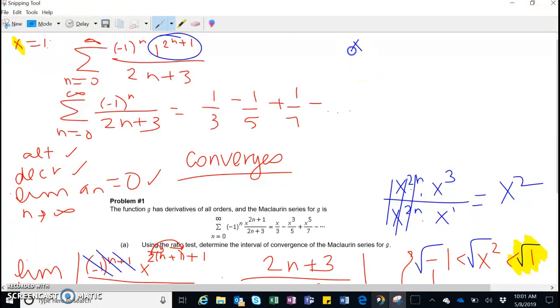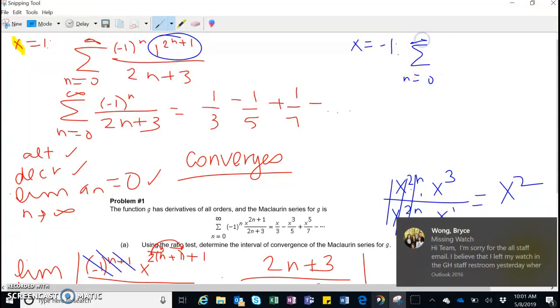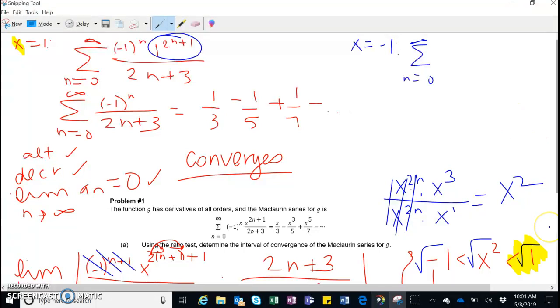So when x is equal to -1, I get a different series, still from 0 to infinity. I get -1 to the n times -1 to the 2n plus 1 all over 2n plus 3.